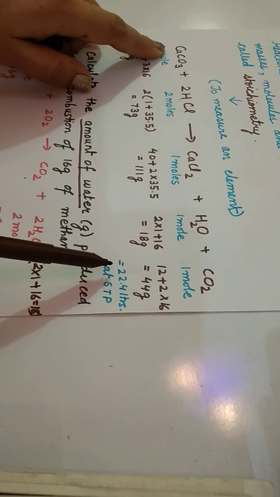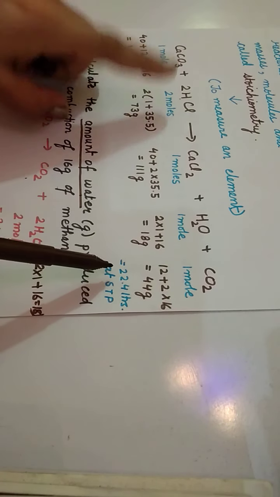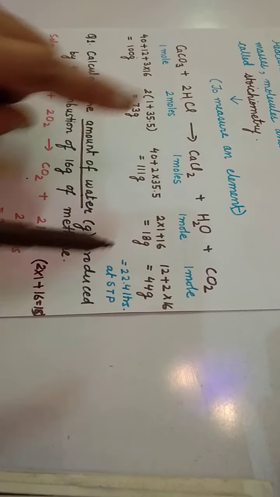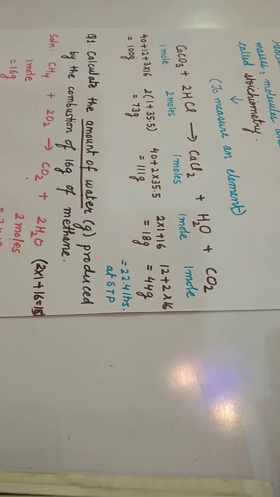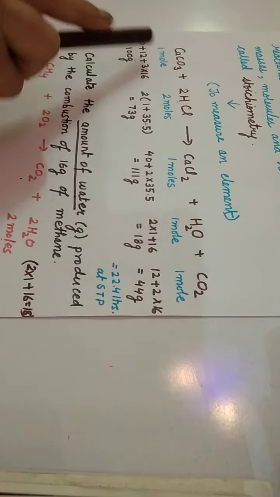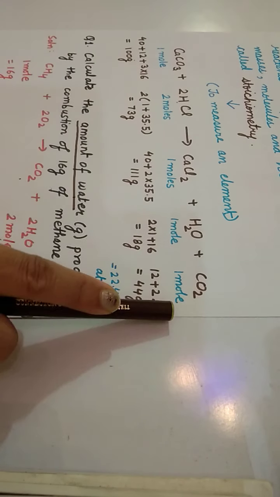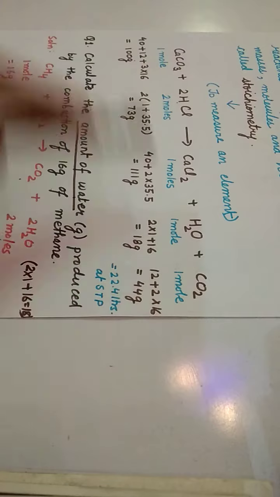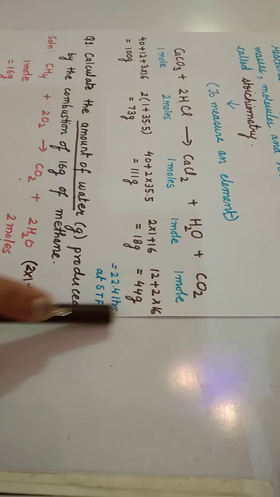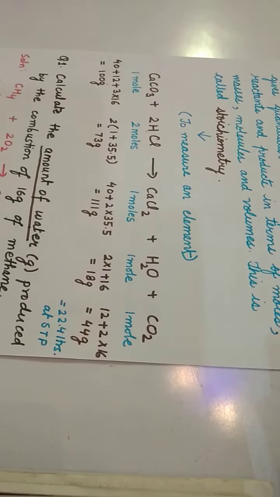So this much of calcium carbonate reacts with this much of HCl to produce 22.4 liters volume of CO2 at STP. So children, this is how we establish the relationship between the reactants and the products in terms of moles, in terms of mass and in terms of volume. I just hope this one is clear to you all.